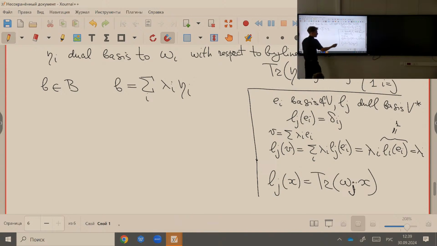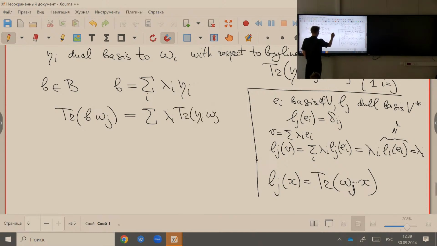So we're in a sense applying the bilinear form, where you pair with the dual basis. And in order to write this down, you simply write down the trace of B omega j. Yeah? And this will be the sum of lambda i trace beta i omega j.